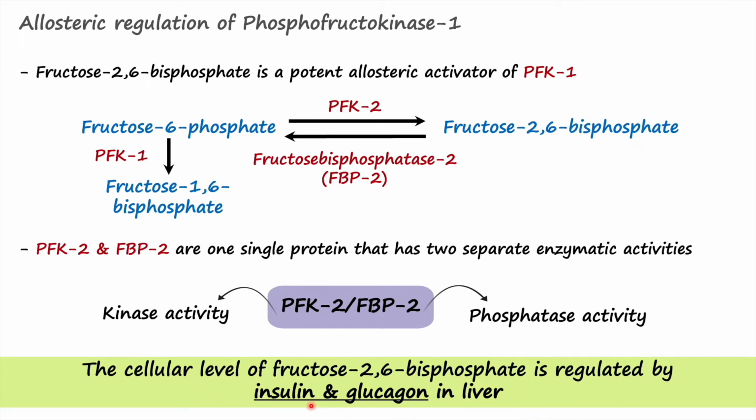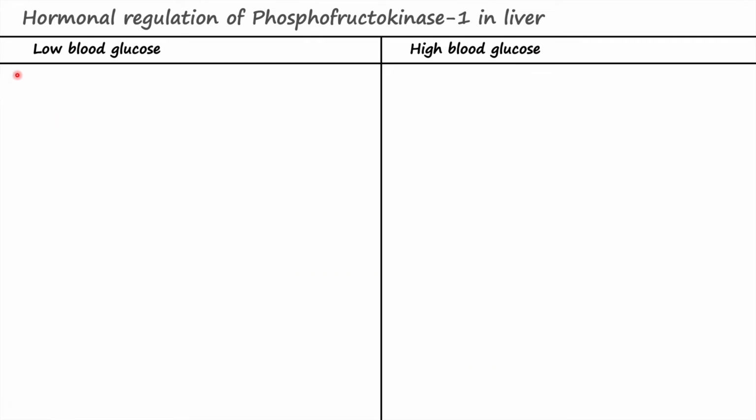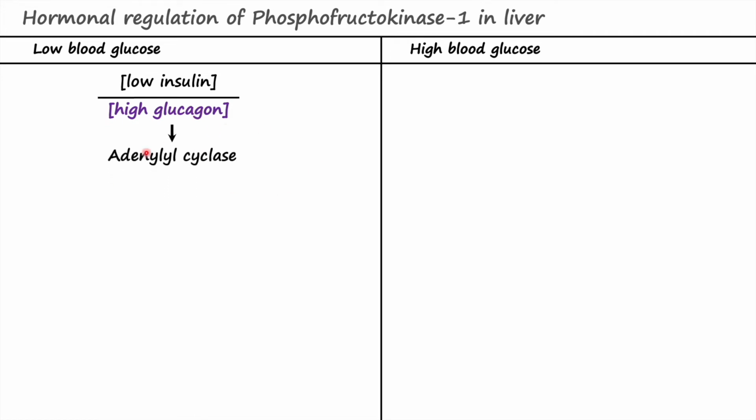So let's talk about how these fructose 2,6-bisphosphate levels are regulated in the liver. In the presence of low blood glucose, the glucagon level is high, and a higher glucagon level stimulates the adenylyl cyclase enzyme, which then increases the synthesis of cyclic AMP, and the increase in cyclic AMP then further activates the protein kinase A enzyme.